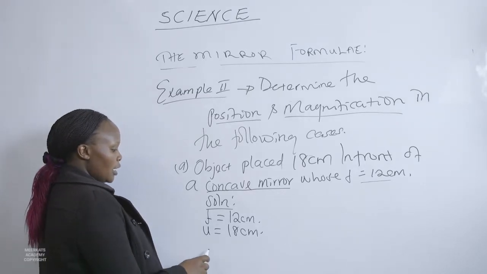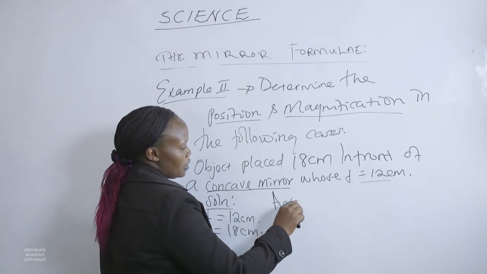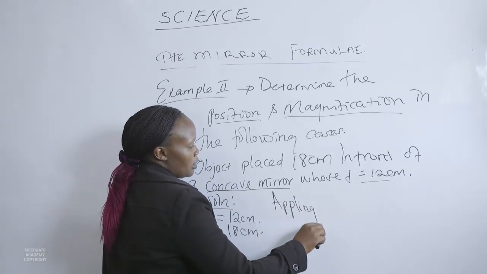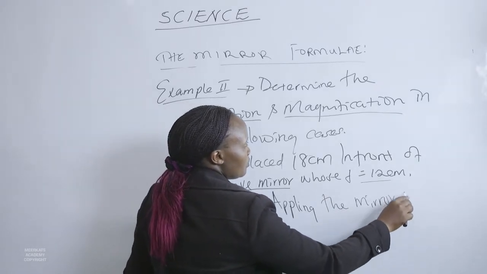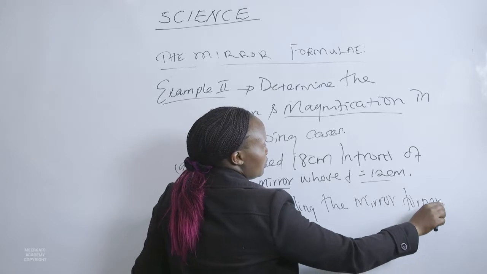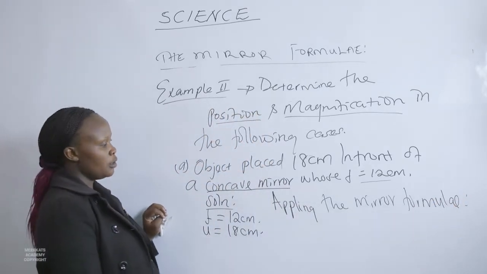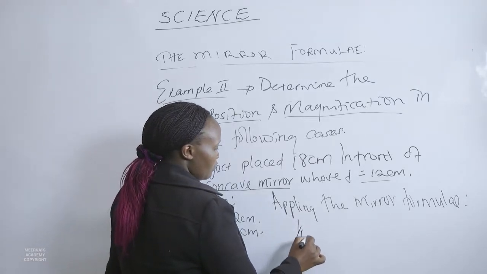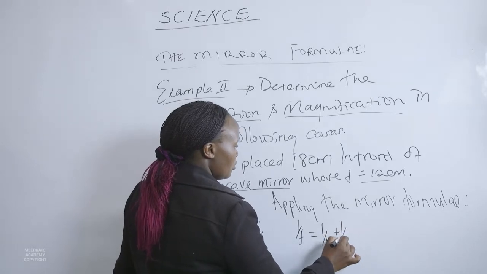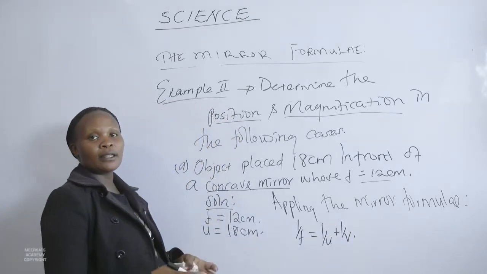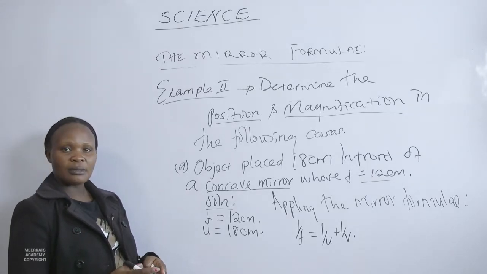Now, let us apply the mirror formula, which is 1 over F gives us 1 over U plus 1 over V. That is the mirror formula. And we can substitute.